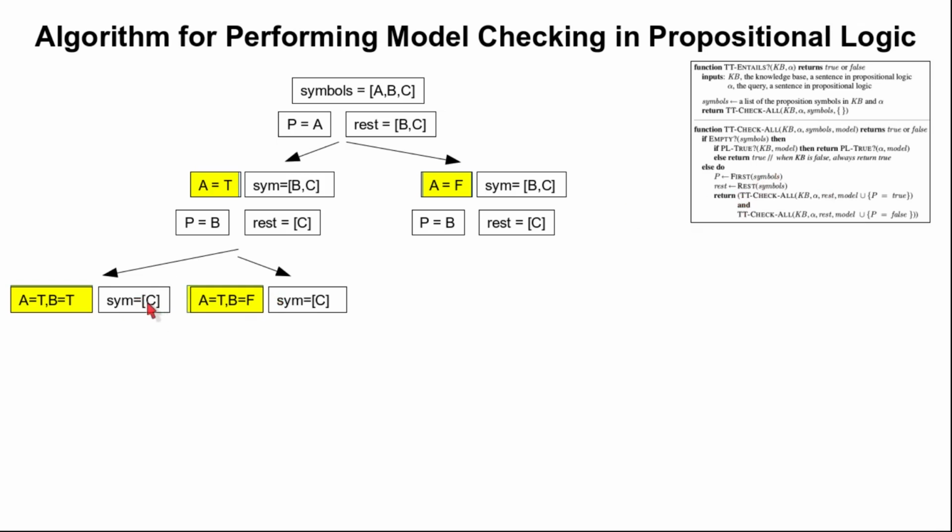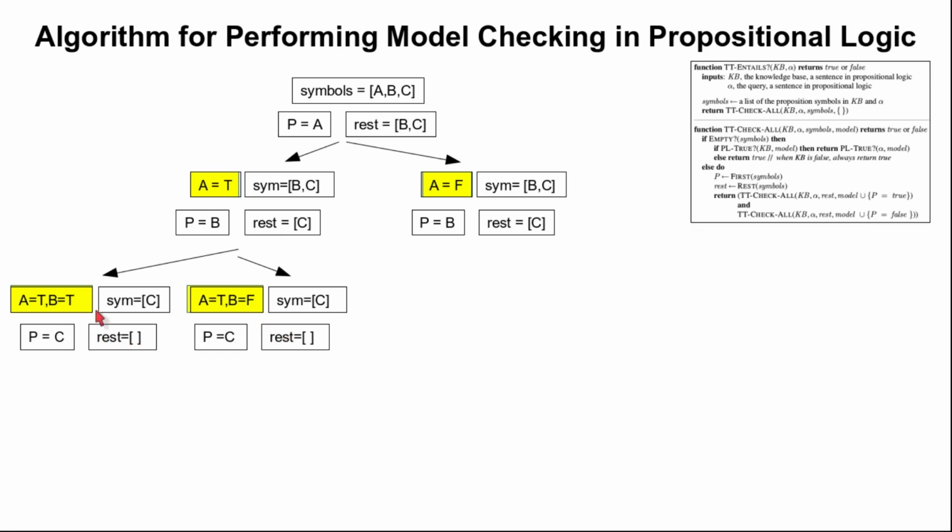So the first symbol will be c, and now p will be equal to c, and if we remove c from this list of symbol, our variable rest will become an empty list. Same thing will happen for this call also, but remember we will perform this call only after finishing this call.